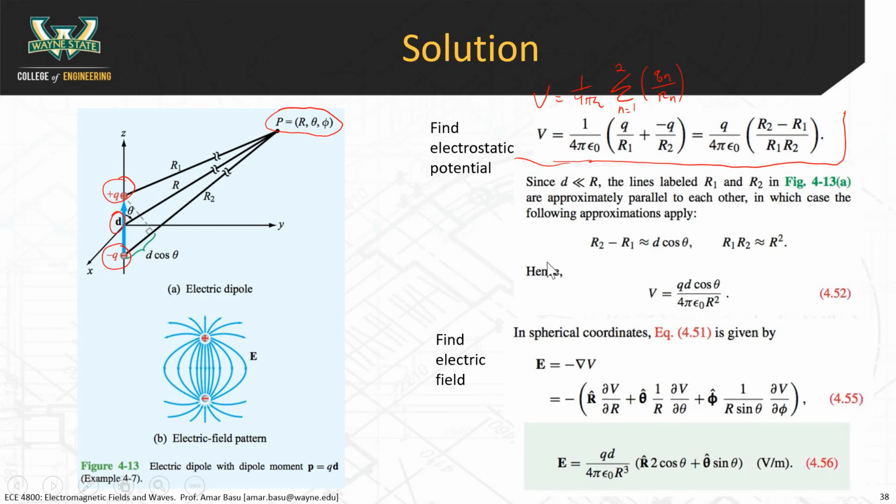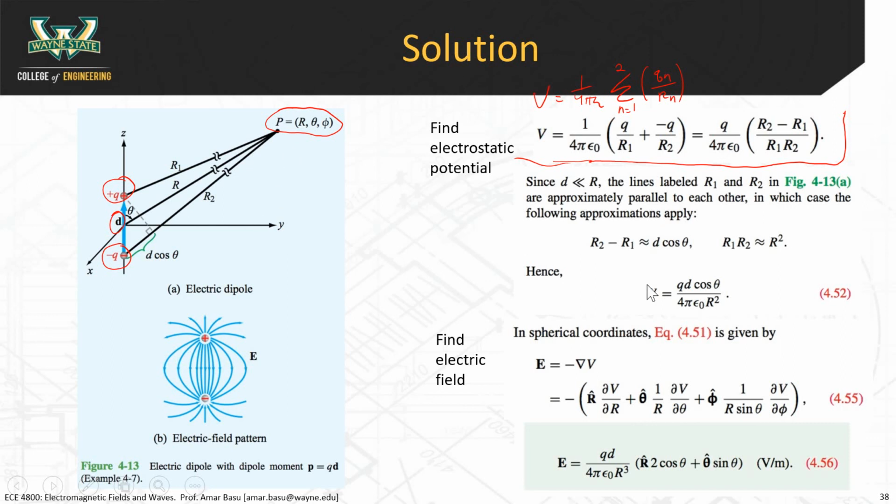I would not expect you to be able to do this on your own in an exam. It's a known simplification that people use with dipoles, because dipoles are actually quite common in electrostatics. These types of field lines are very common. That's why this system is well known, and some of the simplifying assumptions are also done.